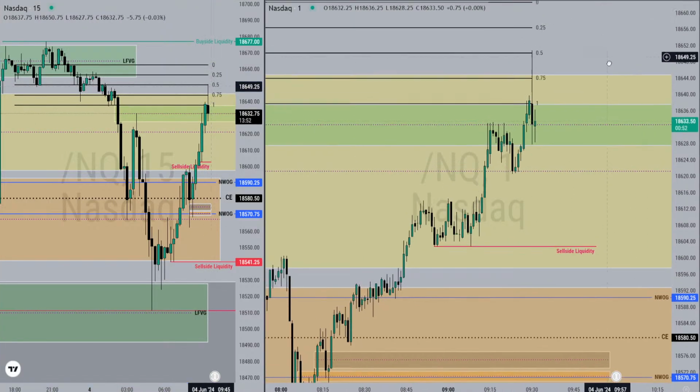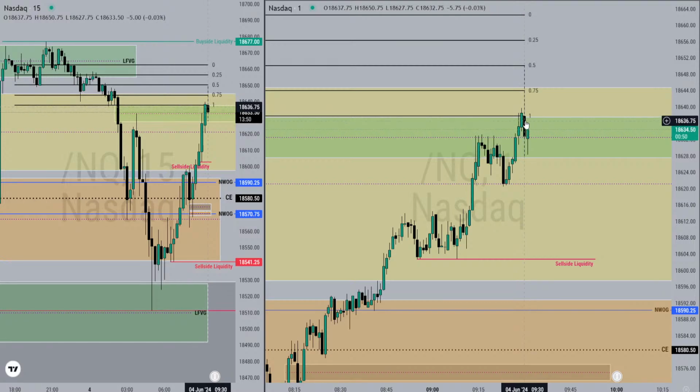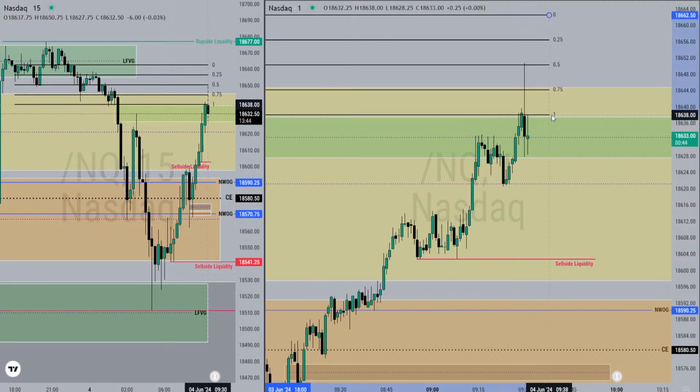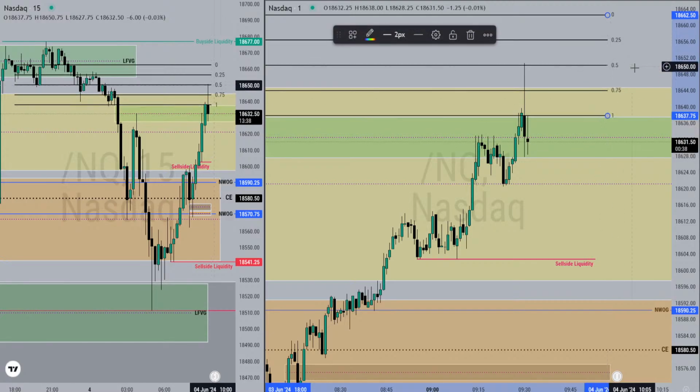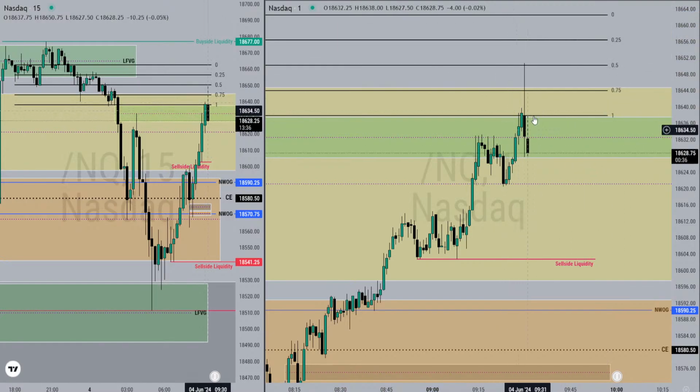Okay, and you can see after opening, market reached until the 50%. If you can see it or not, I don't know. So after opening, market reached until the 50%, and then market is falling.